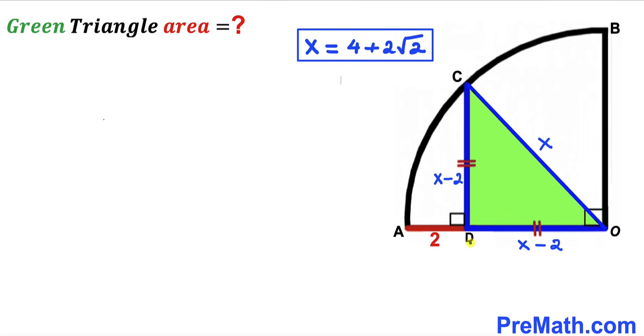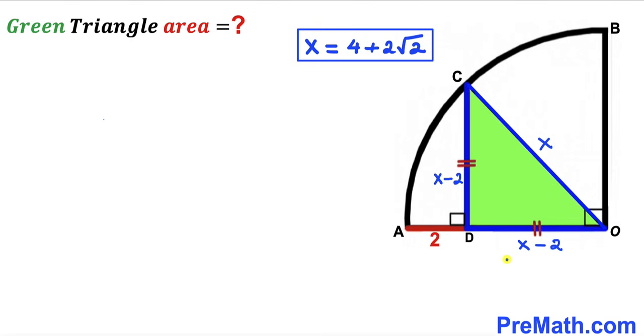So therefore this side OD length is going to be x minus 2, and our x value is 4 plus 2 times square root of 2, and then I'm going to subtract 2 from here. And if we simplify, that is going to give us 2 plus 2 times square root of 2.